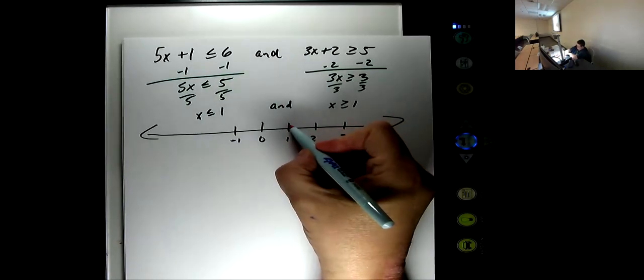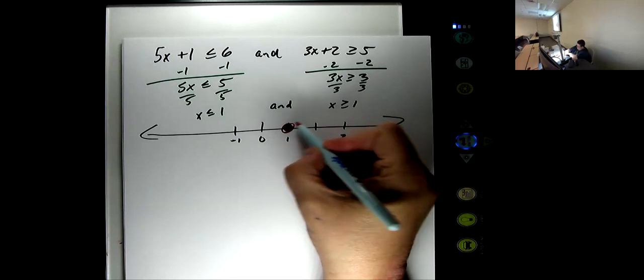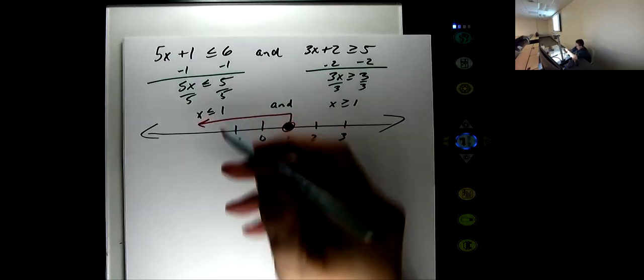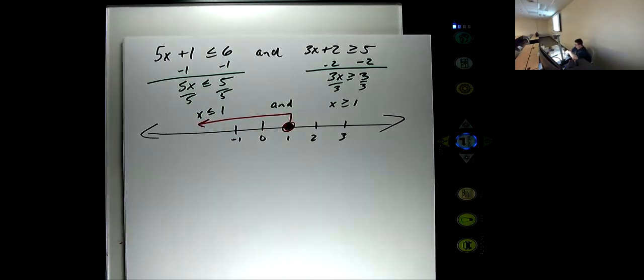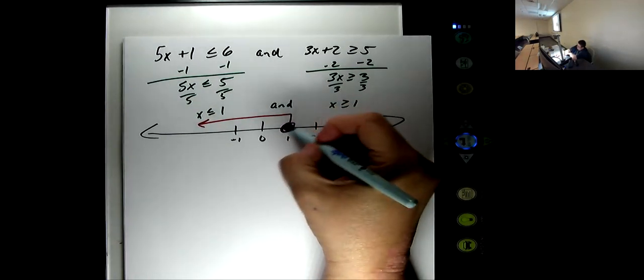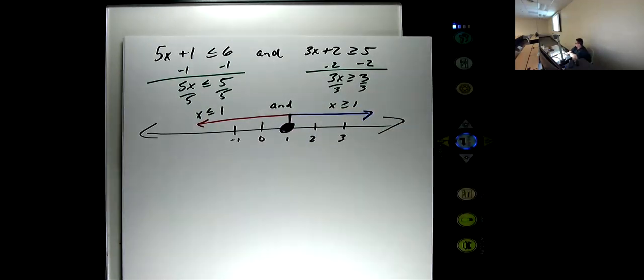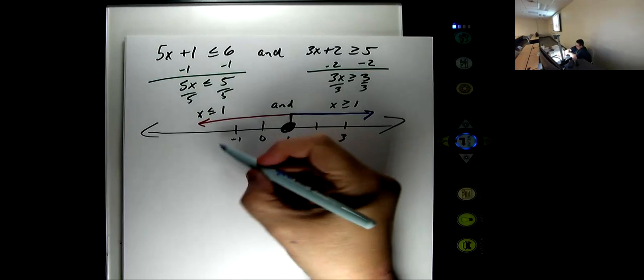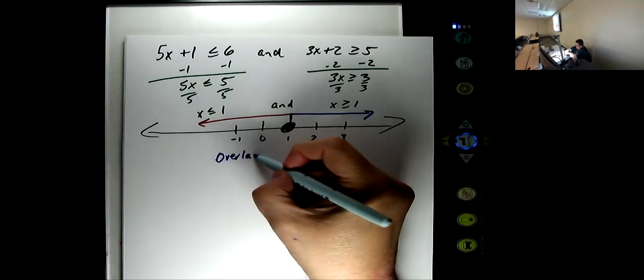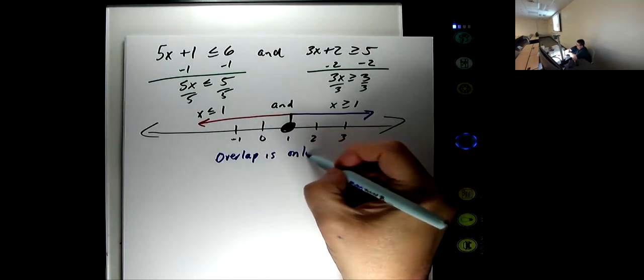X is less than or equal to 1, fills in the circle and points that way. X is greater than or equal to 1, fills in the circle and points that way. And the actual point of overlap is only x equals 1.